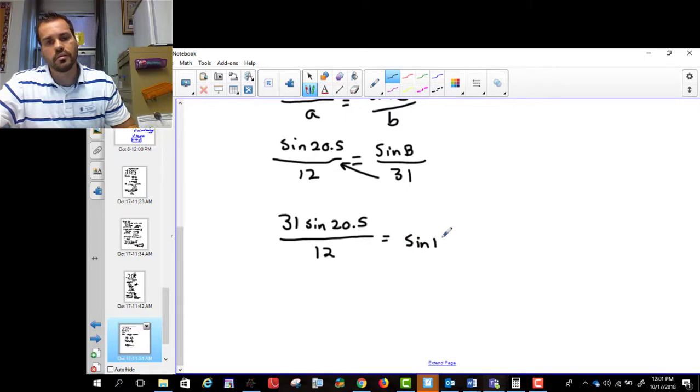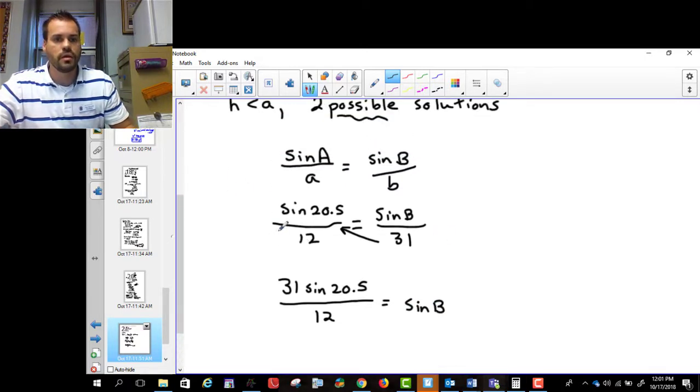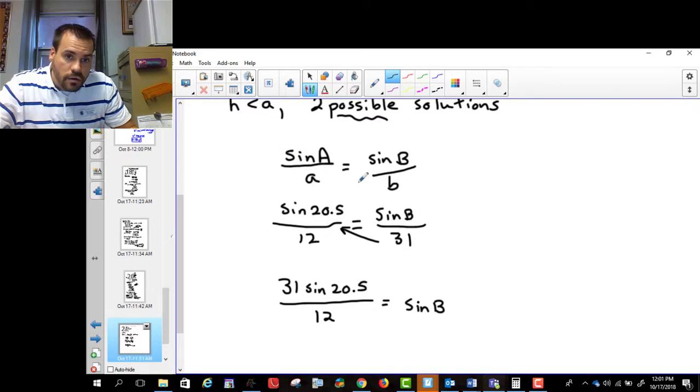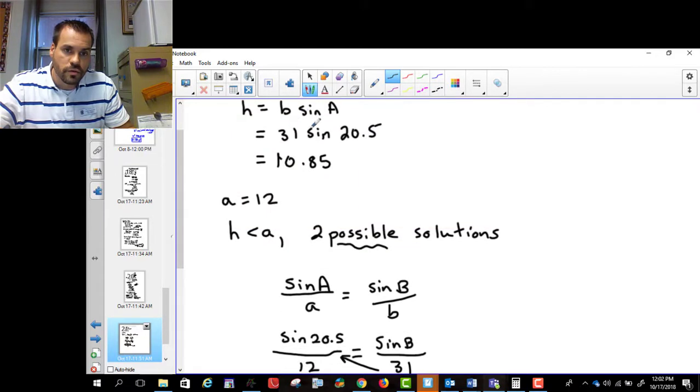And you'll notice, maybe you don't notice, but hopefully you do, that this right here is the height. We've already found this. You see what I mean? It's 31 sine 20.5.